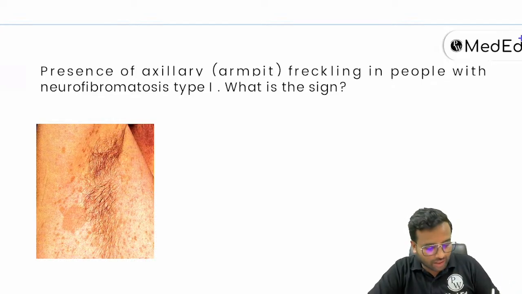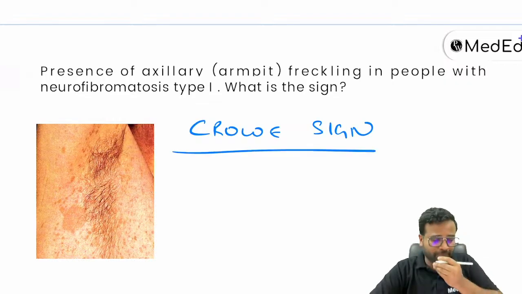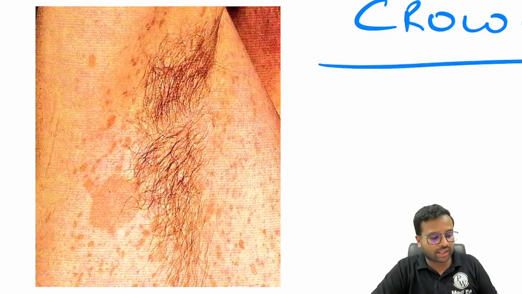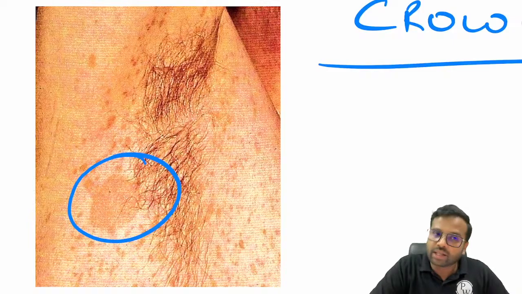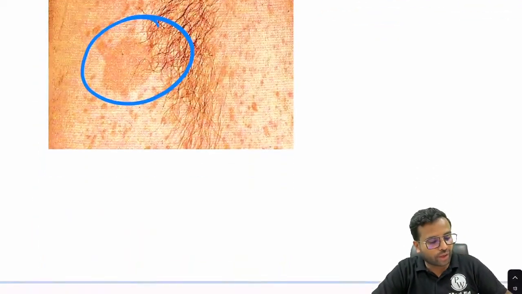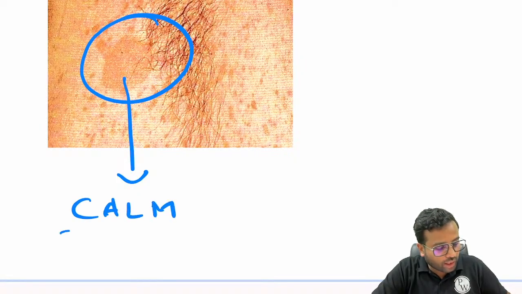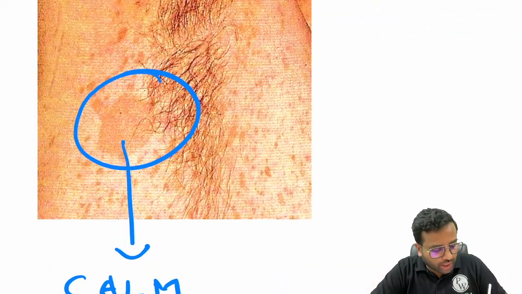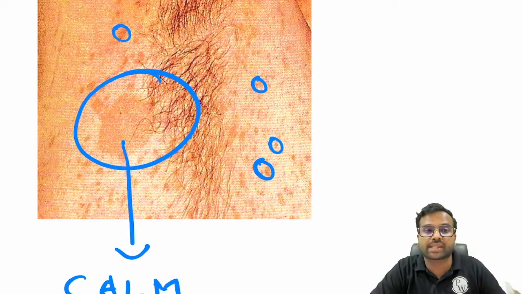Yeah, very good. So this is called the Crowe sign. You're very close, because if I zoom in on this one, this brown hyperpigmented patch you can call a café-au-lait macule. Whereas in this image, you can see there are multiple small brown colored macules over the axillary region.